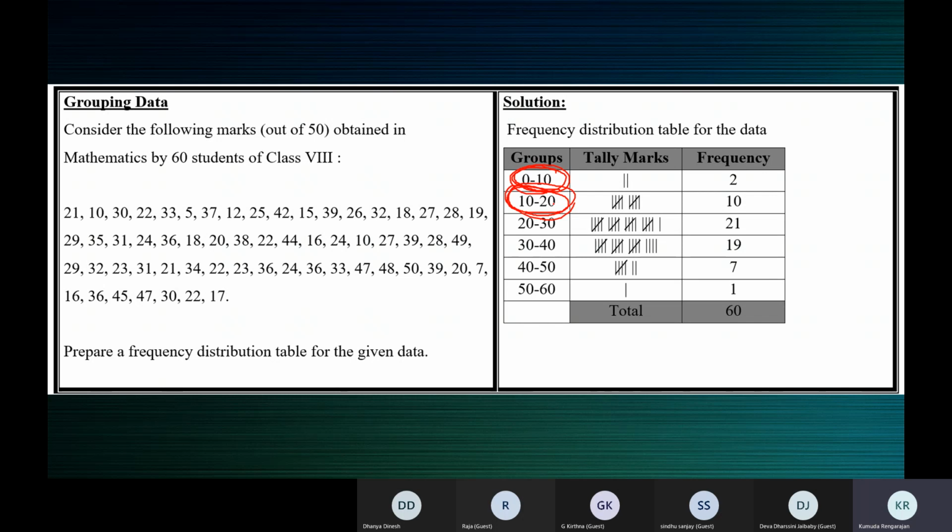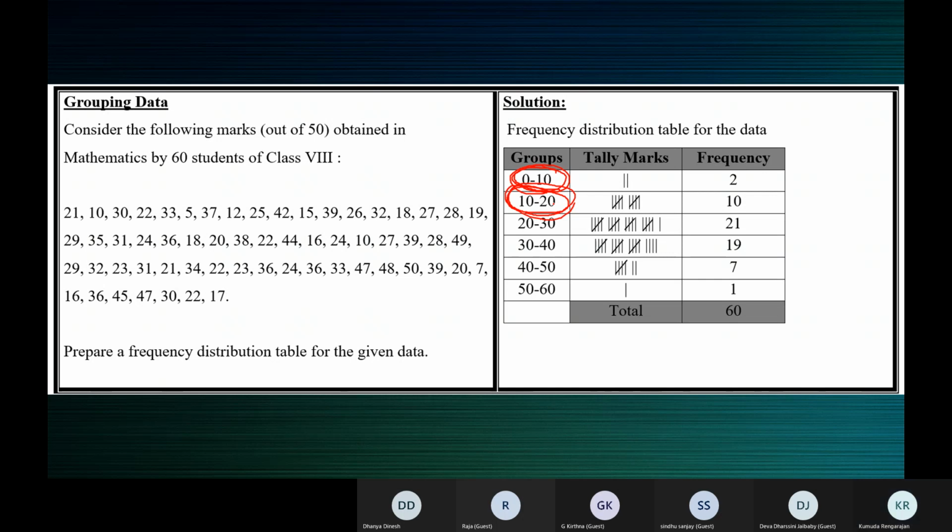You may write down the terms lower limit or lower class limit, upper limit or upper class limit. Got the terms?